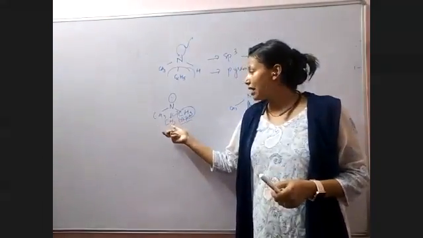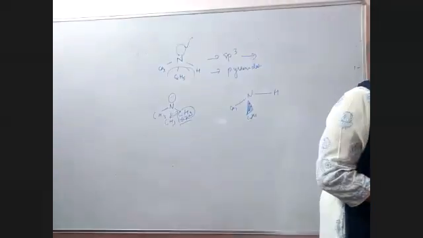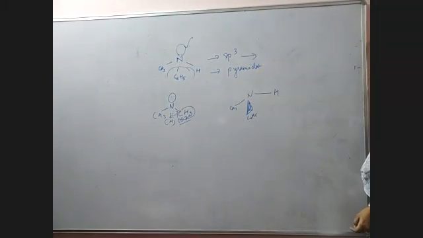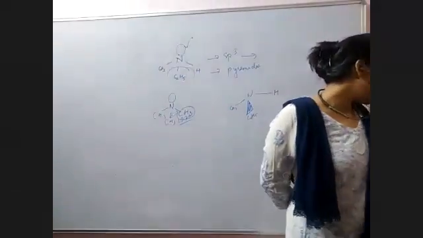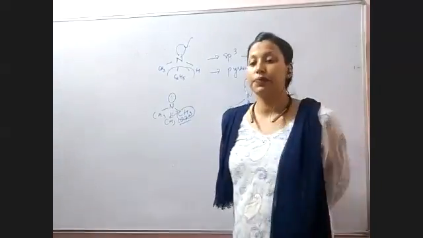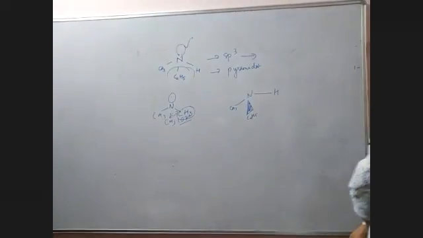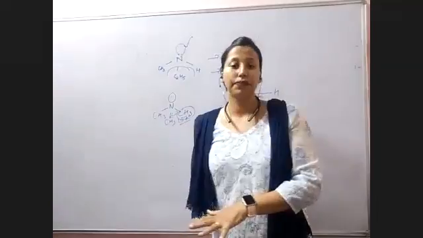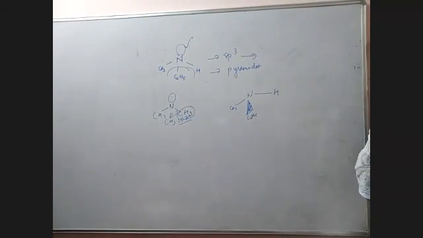So you can write down, ammonia molecule has a bond angle of 107, comma, however, due to the presence of methyl groups in amines, the bond angle increases due to steric hindrance.